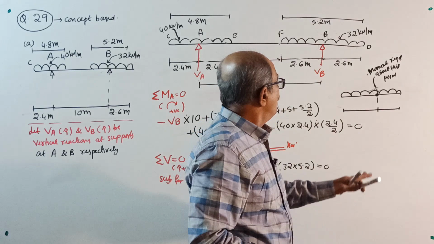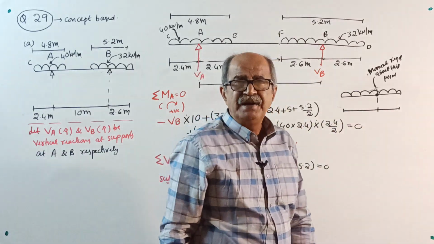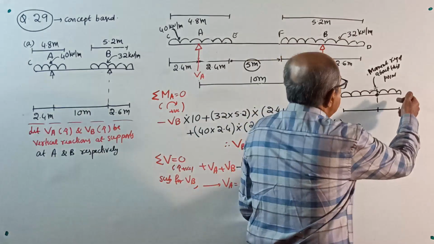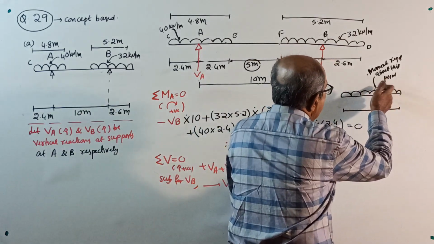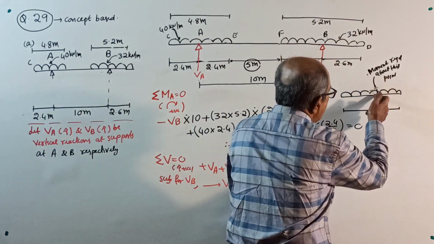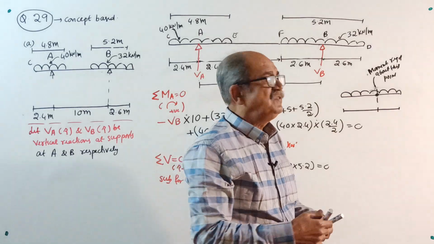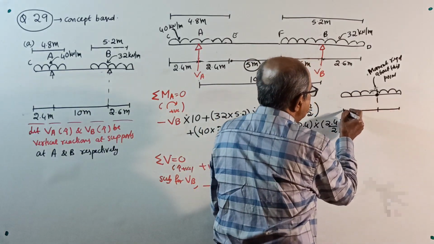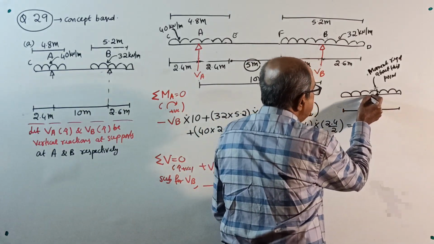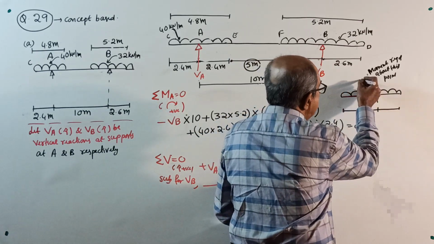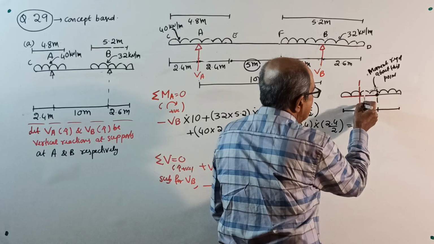Why am I insisting? Because for UDL, it is always better, instead of getting confusion, to consider only the load which is on the left side. That total load acts through the center here.